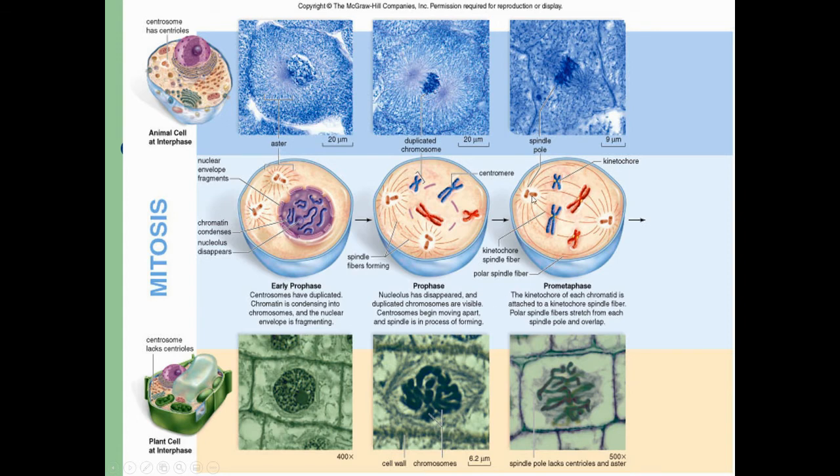And here we see each kinetochore is attached to a spindle from the spindle fiber. And for each duplicate pair, one kinetochore is attached to a spindle from one of the centrioles, and one is attached to a spindle from the other at opposite poles of my cell. So we can kind of see what we're being lined up to do here. This is what that looks like under a microscope. As you can see, that looks like a little starburst there where those spindle fibers are.